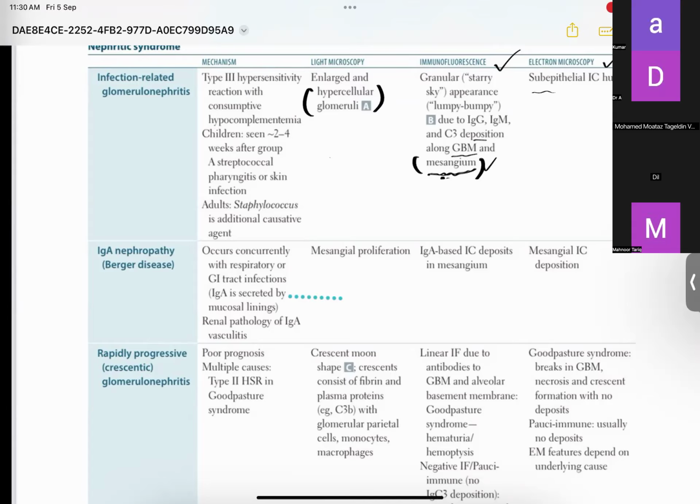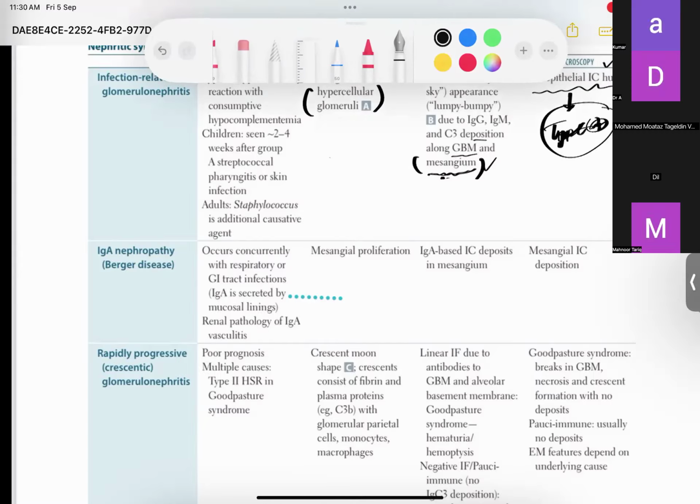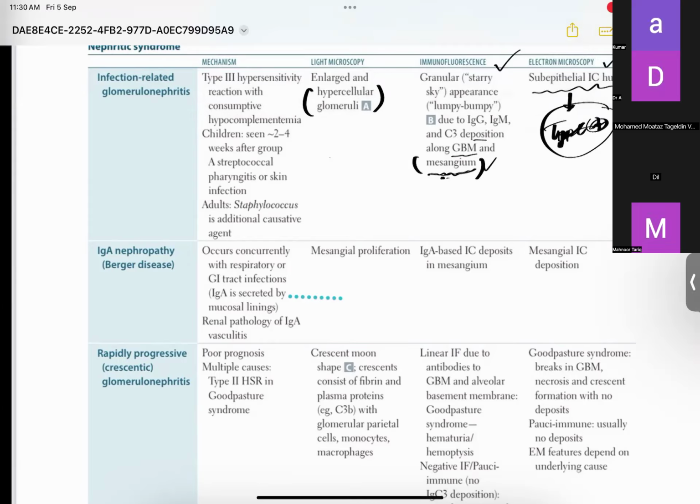And the subepithelial humps are because of type 2, okay? But these things are not that important. You don't have to remember why it is because of type 2 or 3, just have the overall major concept so that you can pick the question, okay?